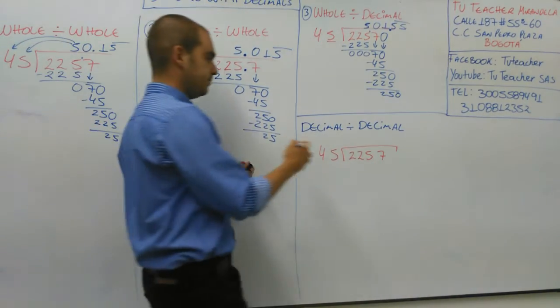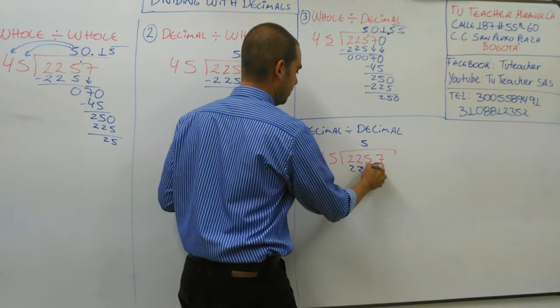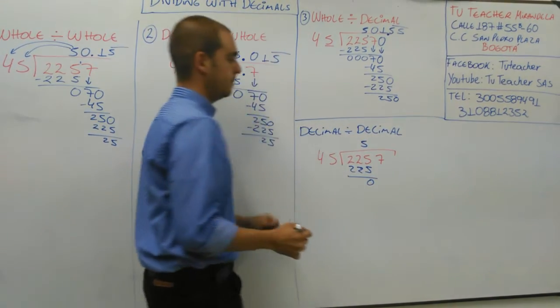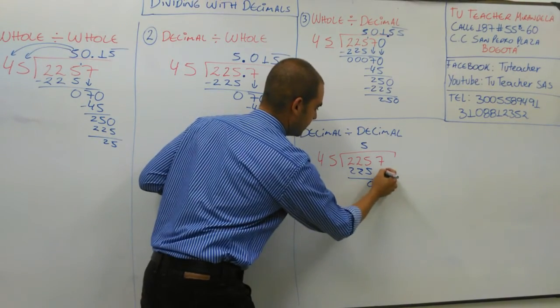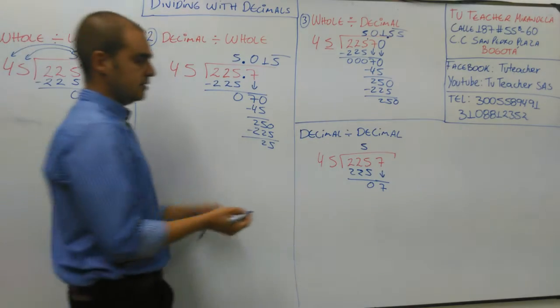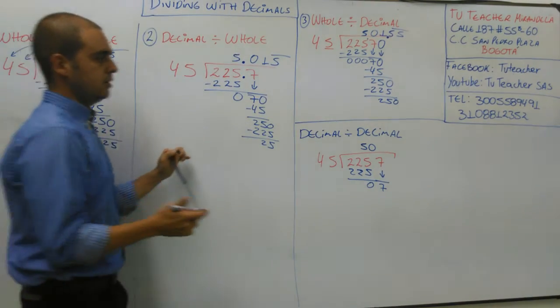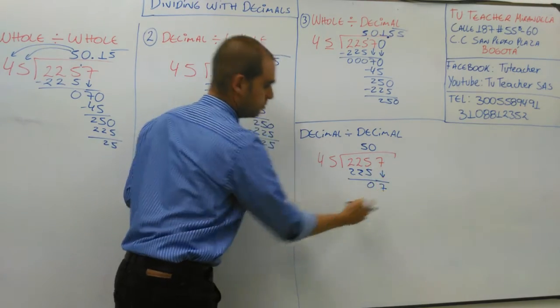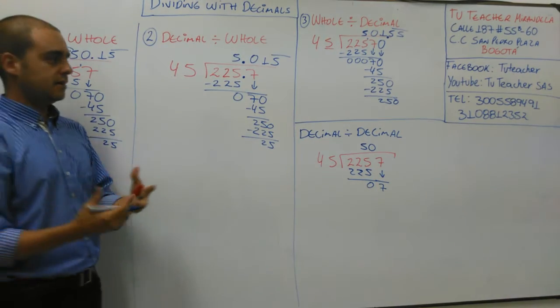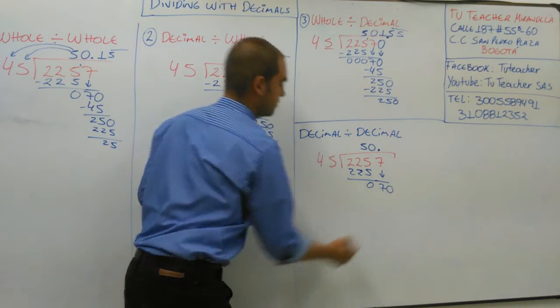So we start again, same division, 5 times, 225, 0 left. Now we bring down the 7, and then this can't fit. It's not big enough, so we add a 0 and say, no, it's not possible. Now, since there's no other number to bring down, we need to add an extra 0, but we need to use the decimal point and not the extra 0.